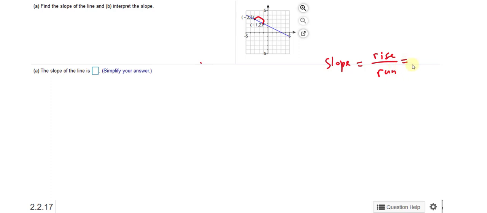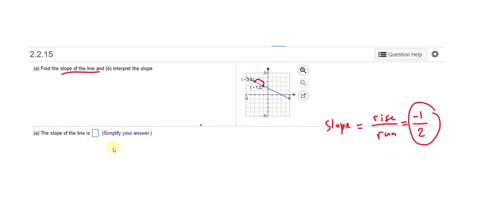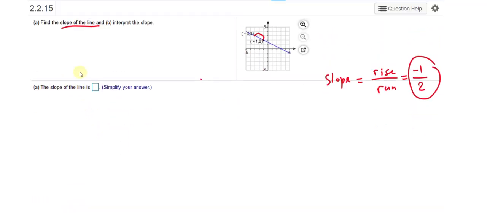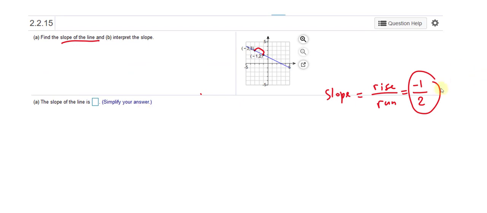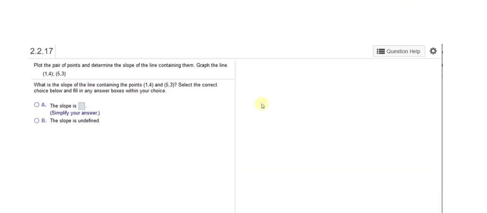So we run to the right by 2 units, we move down by 1 unit, so minus 1, so minus 1/2. So minus 1/2 is the slope of the line. That's the answer for A. And a negative slope means that the line is going down, decreasing.